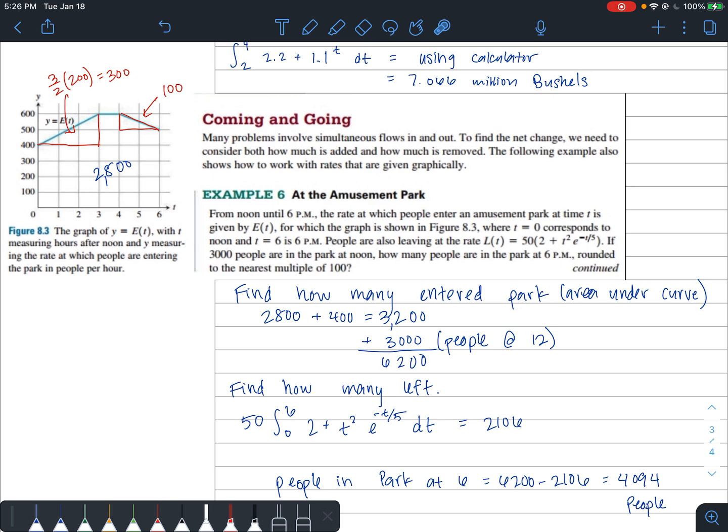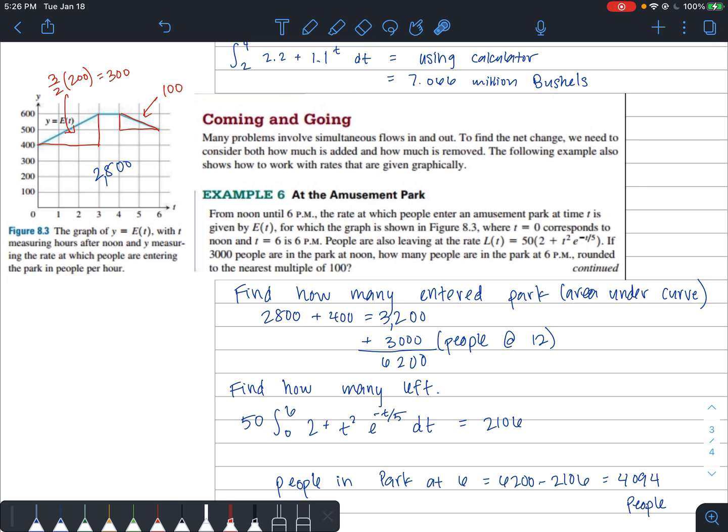So in this example here, we're talking about an amusement park, and we're given the rates at which people are entering into the amusement park and the rates as people are leaving the amusement park. And so at the end of a certain time period, how much are there total?